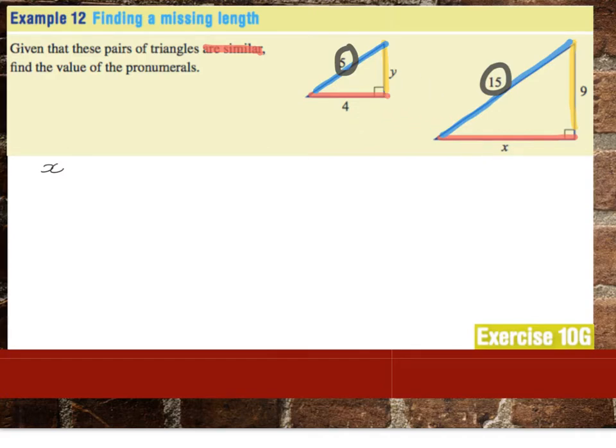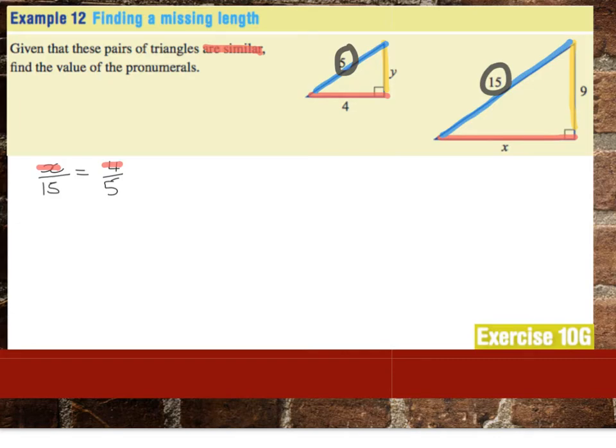So I'm going to say x divided by 15 must be equal to 4 over 5. Okay, so look carefully what I've done. I've said this is the x over 4, the two red lines, is similar to the two blue ones.